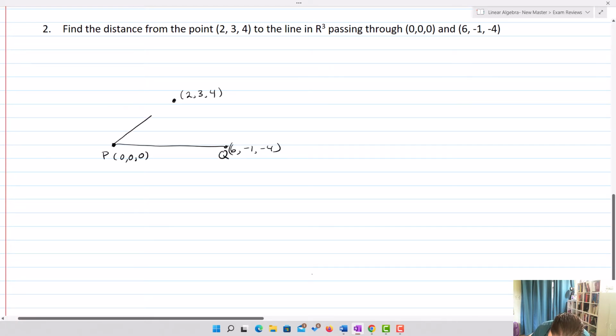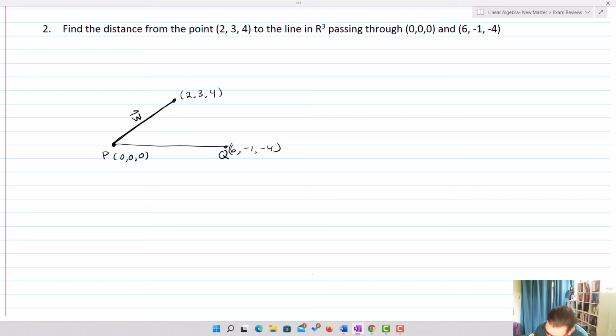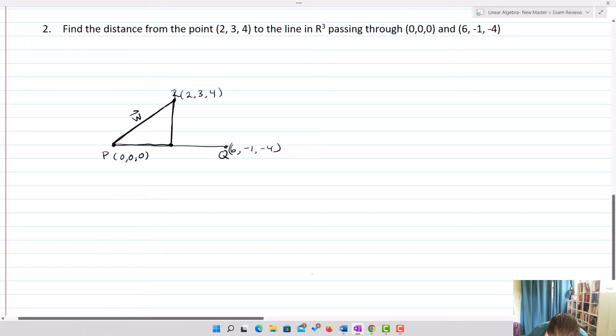And we're going to create a vector W here with PQ and this point here, which we'll call R. There you go, okay? So we're going to create that vector W, and the idea here is we're going to project W down onto the line, onto the vector PQ, and then we're going to take W minus that projection.